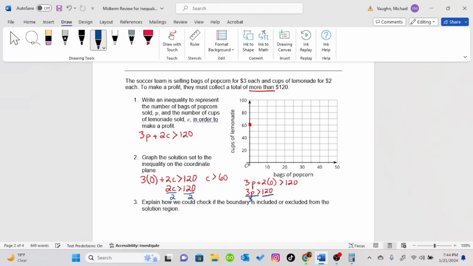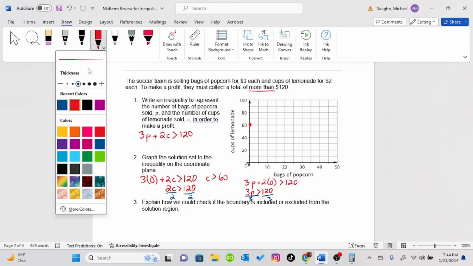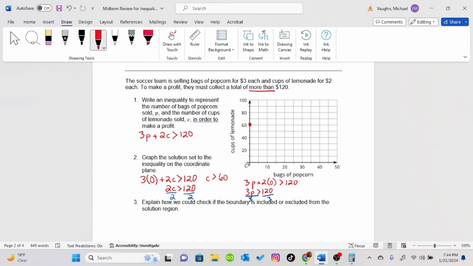I need to divide both sides by 3. And this tells me p must be greater than 40. So I can put my x-intercept at 40.